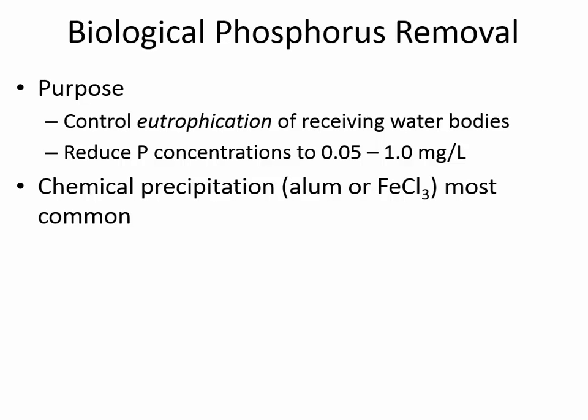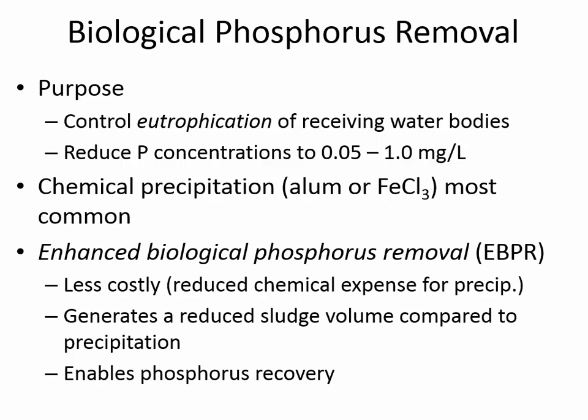You're still going to have a sludge that needs to be dewatered and disposed of. And so it doesn't really solve all your problems. Biological removal, here's an acronym for you, EBPR. The book is talking about enhanced biological phosphorus removal, and it's generally taken to be less costly than chemical precipitation.